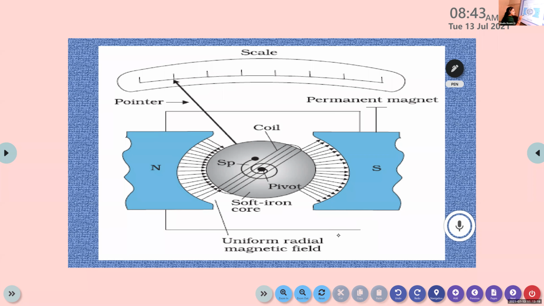So in this figure, you can see a spiral spring attached at the bottom of the rectangular coil in order to produce a restoring torque.